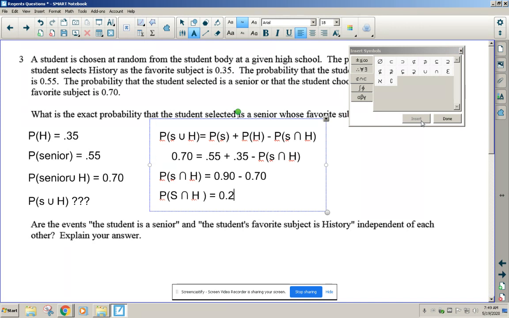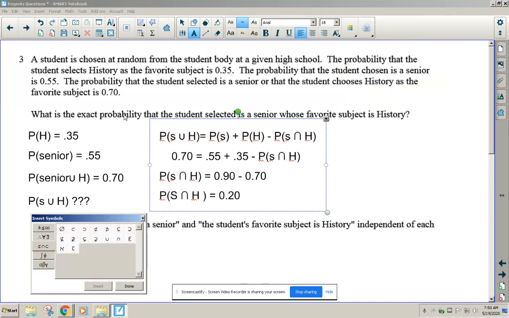is 0.20. Now I needed this because now the question that they're asking me to solve is actually a conditional statement. Because I say, what is the exact probability that a student selected as a senior whose favorite subject is history? Now, the condition is that you're a senior, and then I want history to be your favorite subject.